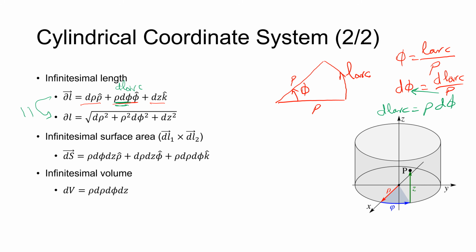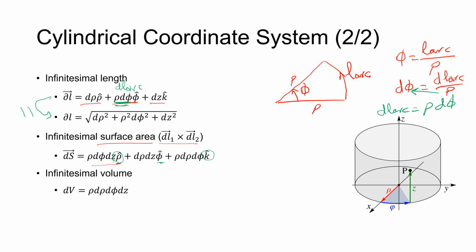And then moving to the infinitesimal surface area, again we just take the cross product of any two quantities. If I want to calculate in the rho direction, I find dL in k and phi and multiply them to each other, then I can get delta S in the rho direction. Similarly, if I want to take in the phi direction, then what is the perpendicular plane, the plane which contains rho and k.